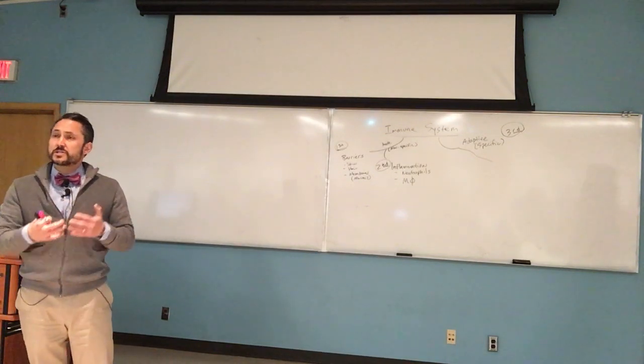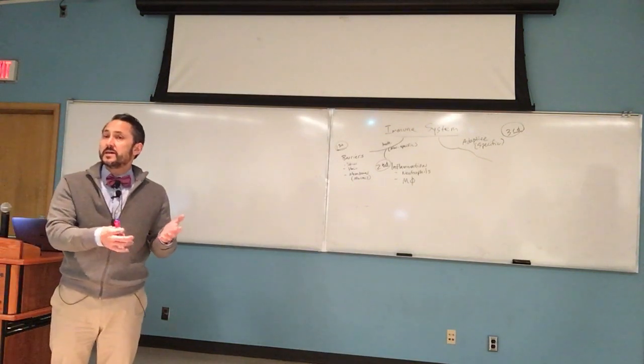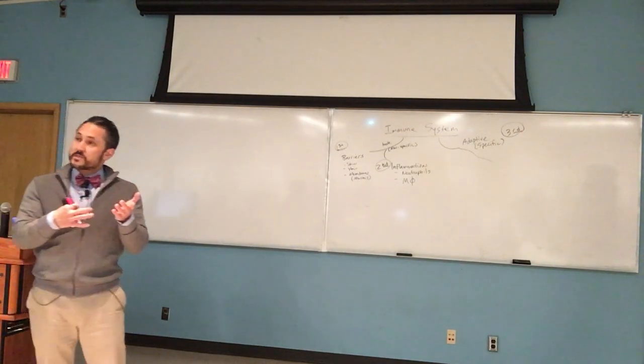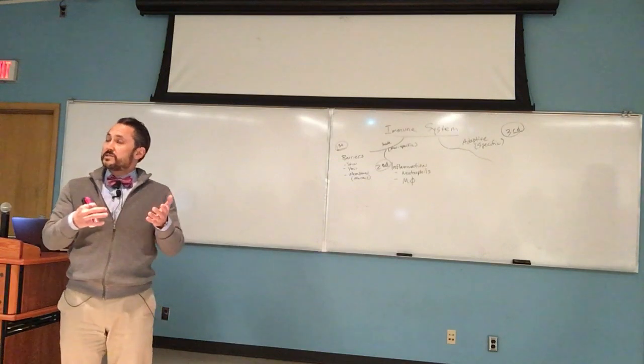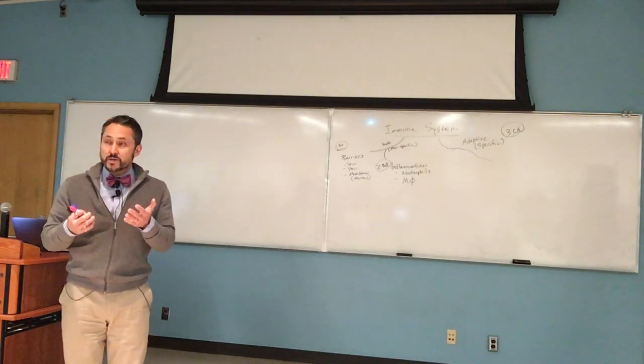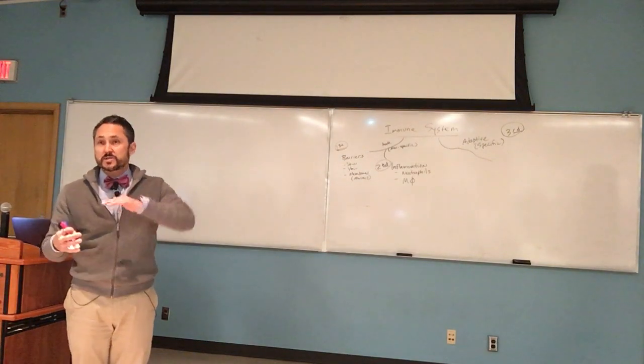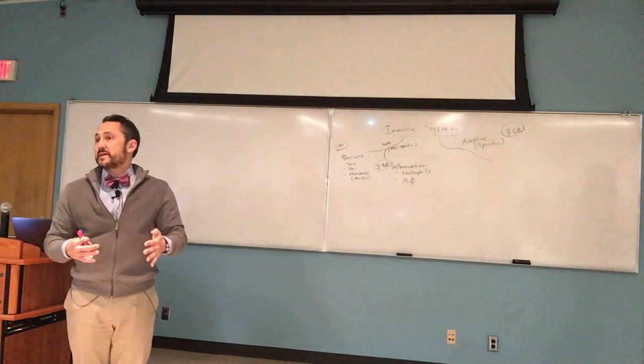You lose a lot of function, it doesn't look aesthetically pleasing, and it doesn't function like the original tissue. But sometimes it actually goes down the process of complete regeneration, where you restore function and have minimal scar formation. In both of those situations, the inflammation comes up and then it goes back down, right?